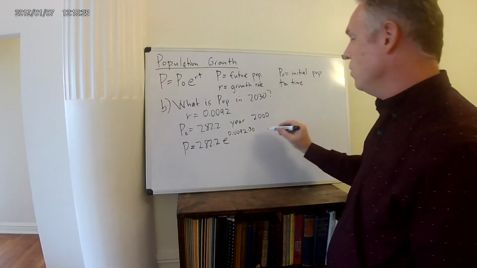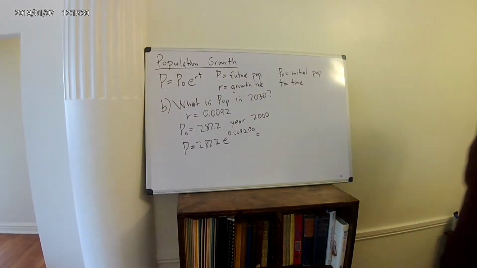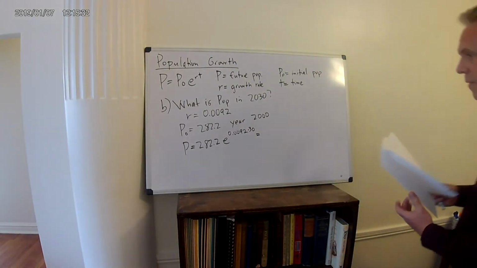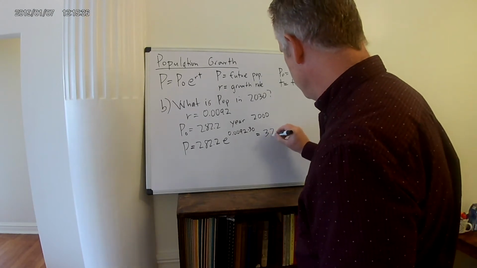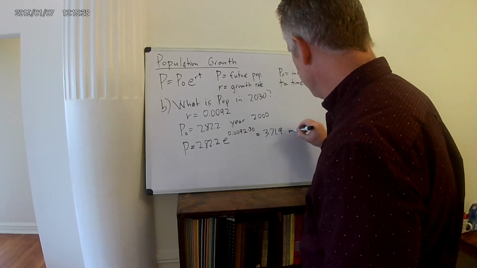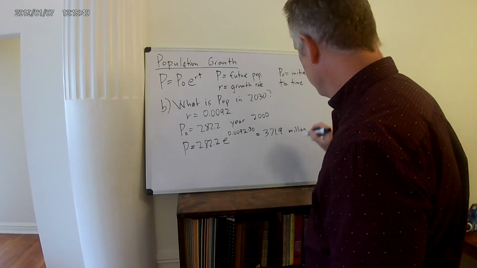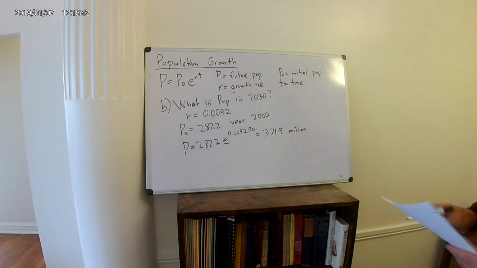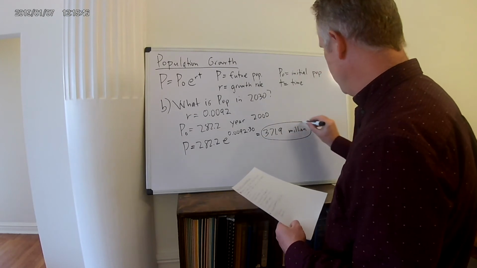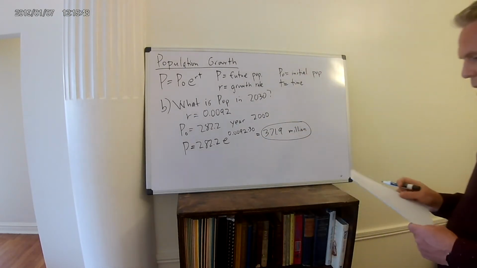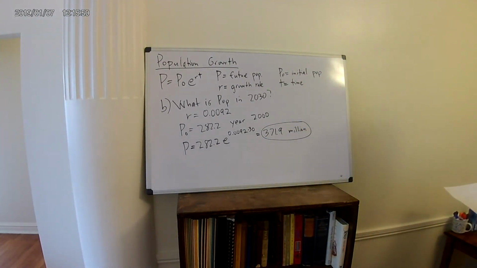So we plug in t equals 30. Okay, we can simplify this. And if you plug this in your calculator, you get 371.9 million. Okay, and that's the population of the U.S. in the year 2030.